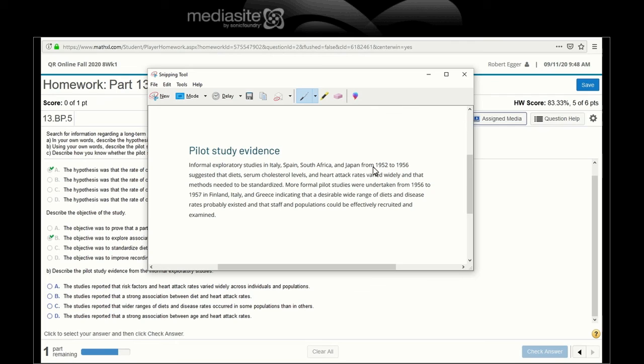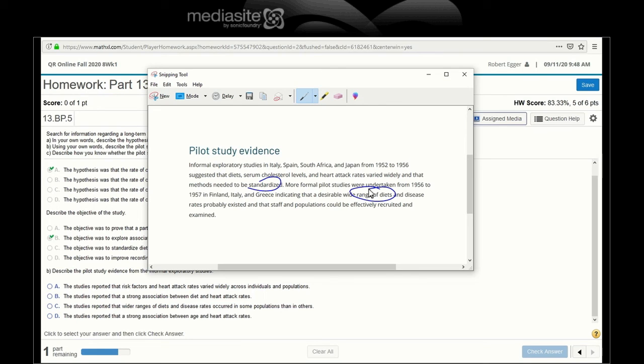Informal exploratory studies in Italy, Spain, South Africa, and Japan suggest that diet, cholesterol, and heart attack rates vary widely and that methods need to be standardized. More formal pilot studies were undertaken in 56 to 57 in Finland, Italy, and Greece, indicating that a desirable wide range of diets and disease rates probably existed and that staff and population would be effectively recruited and examined.